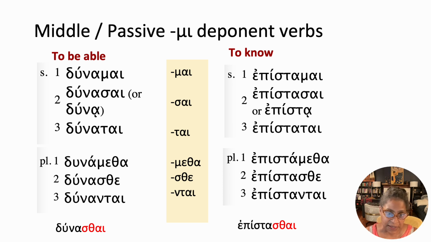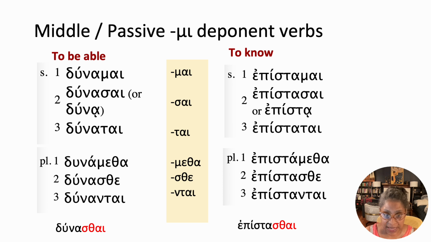So dunamai, you knock off the mai, and that gives you the stem duna. And then you put the endings on. So mai, sai, tai, metha, sthe, ntai. Now notice in the second person, you have the option of sai or a.